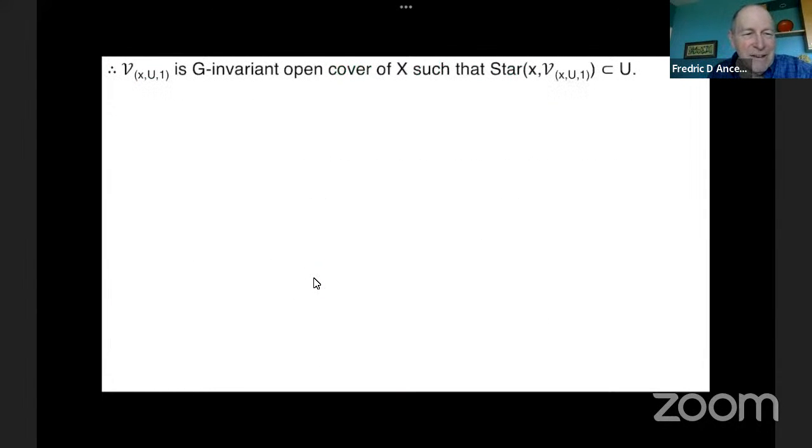I call that V. So this first cover has this property: it's G invariant, and the star of the point with respect to that open cover is contained in U.